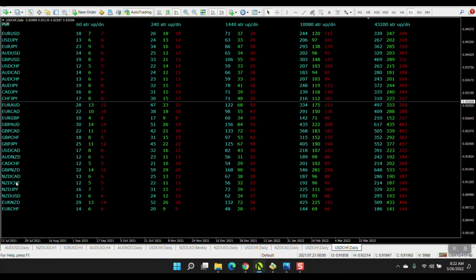But again, looking at the NZD CAD, the daily, let's say it's 38 pips from the open is its travel up. So let's go back.